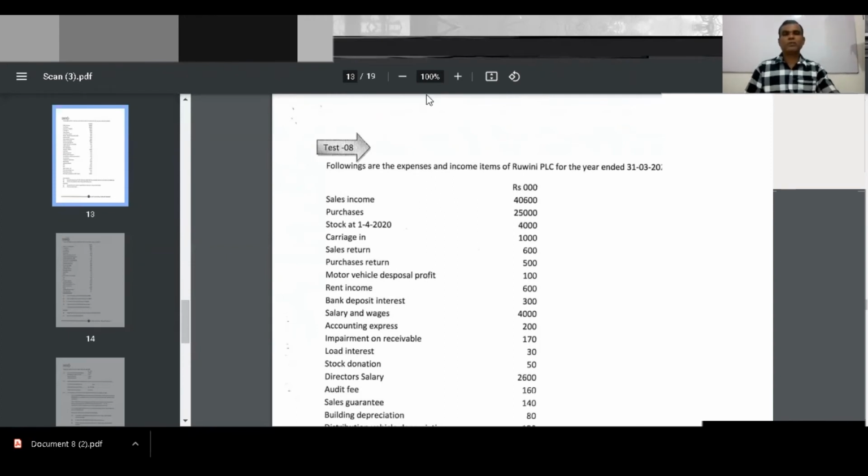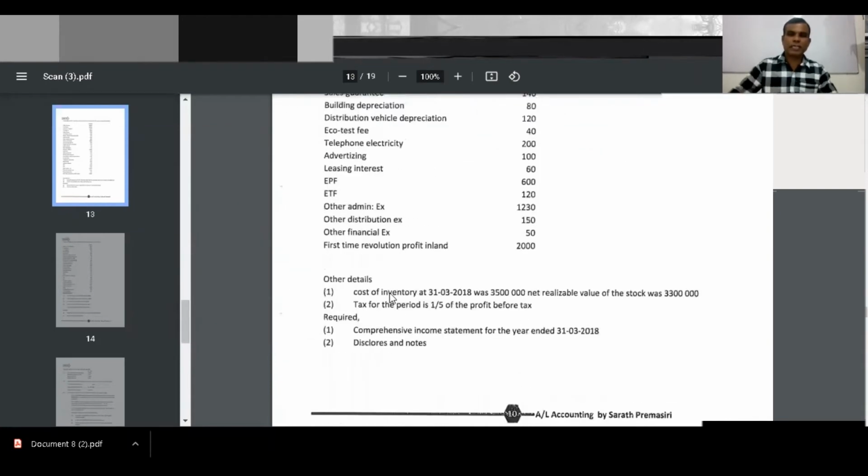First, normally we have to start with the additional information, so just keep that in mind. You see that the first one is concerned with cost of inventory on 31st 2021, which was 3500, and the net realizable value of the stock is 300.